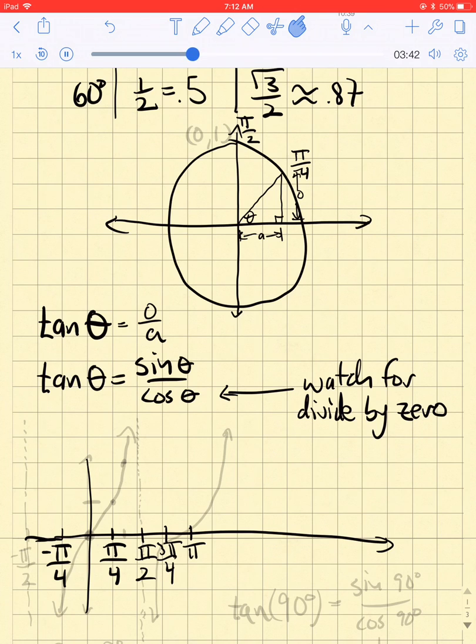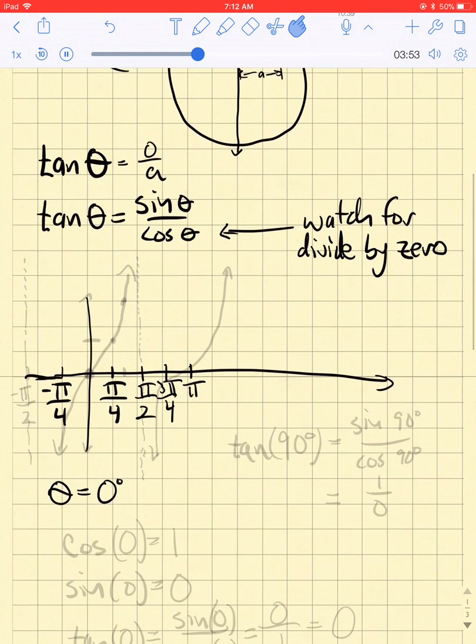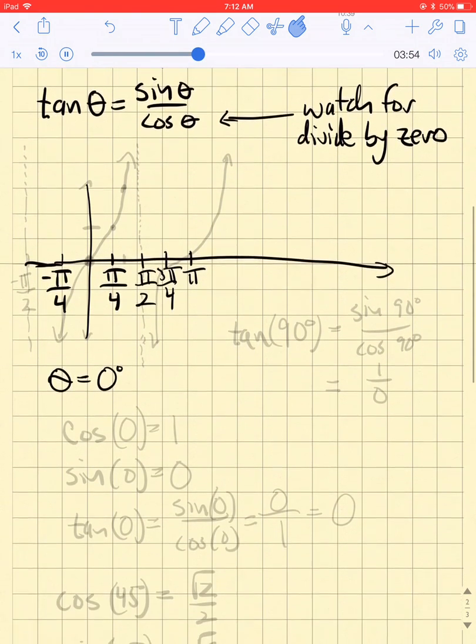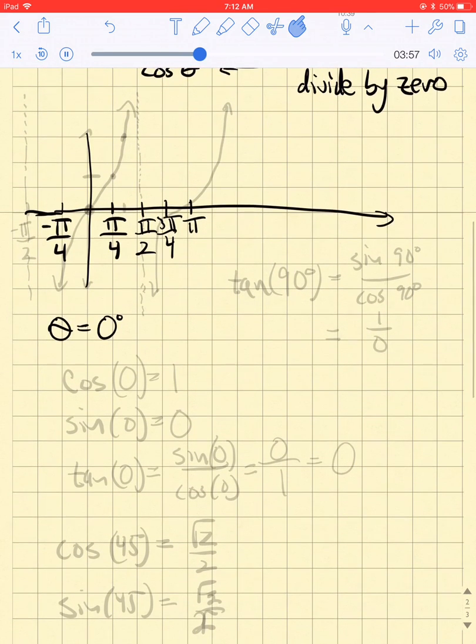And when theta is 0, the sine of 0 is 0.